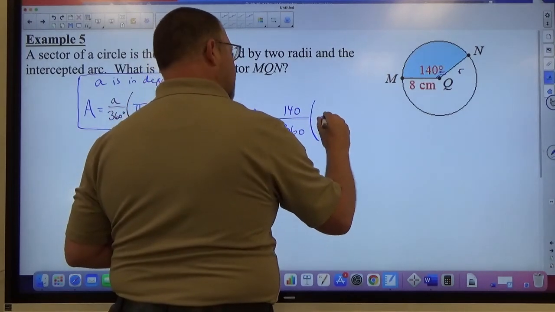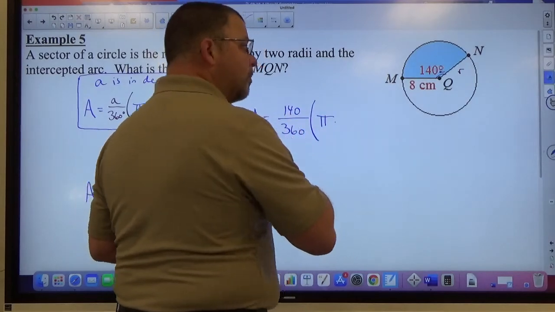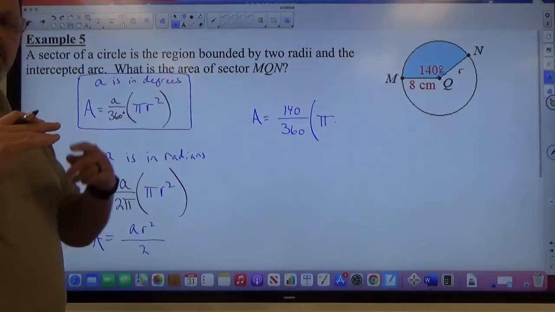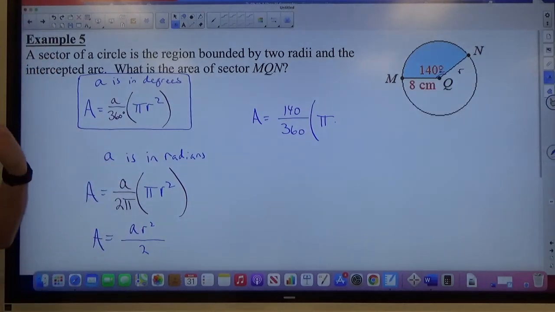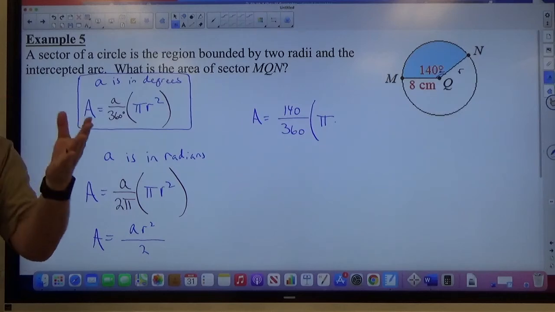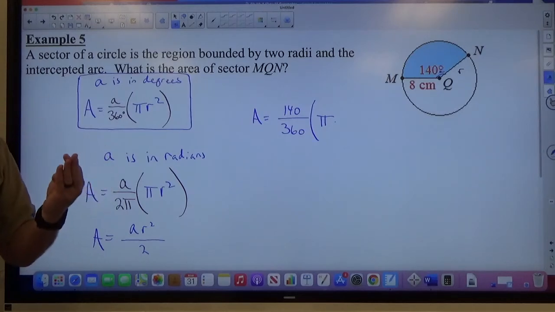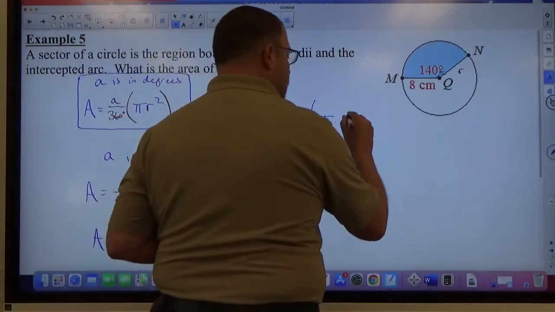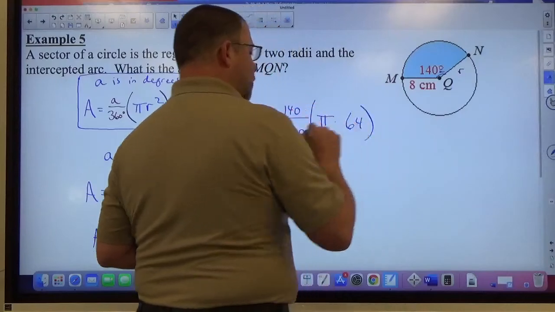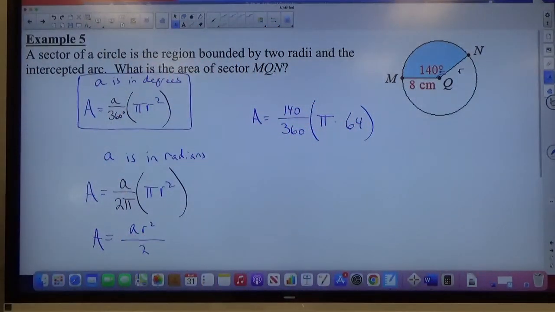times pi r squared. Now you can write 8 squared if you want to. But then you have an order of operations scenario: a power happening and also multiplication and division happening. The power has to happen first. For me, if it's a simple squaring of a number, 8 squared equals 64, I would just write 64 in and mentally square it.